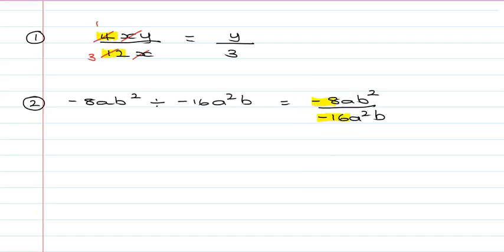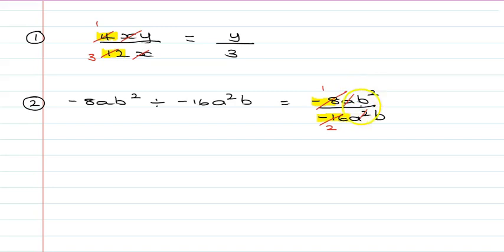Now I'm going to cancel that down, so both 8 and 16 can be divided by 8. So that's going to give us the 1 and that's going to give us the 2. Then we move along to look at the a's. A will cancel out with one of these a's, but remember this is a squared, which means a times a. So we can only get rid of 1. Okay, so I'm just going to cancel that.